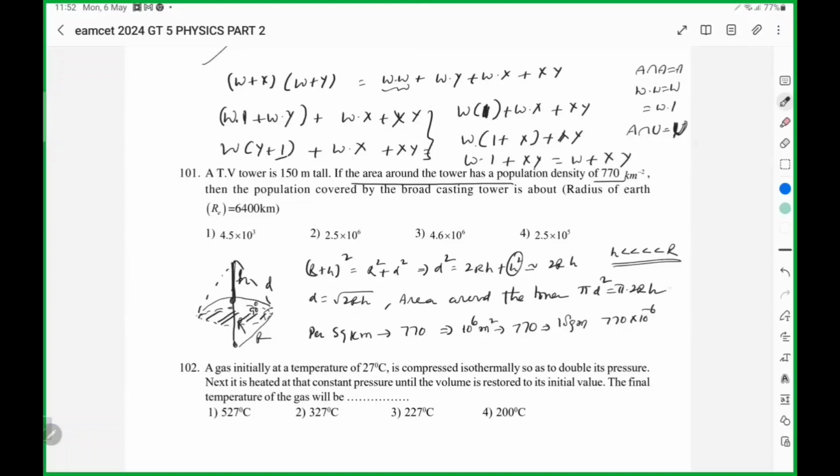This is the population density for 1 square meter. Your area is 2 pi times radius into height. For this many square meters, times 770 into 10 power minus 6.